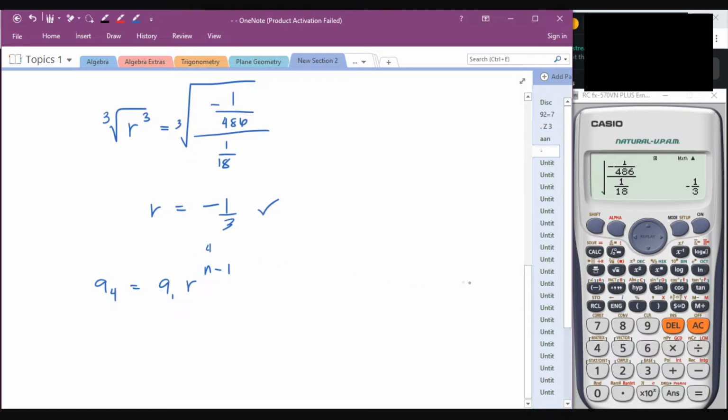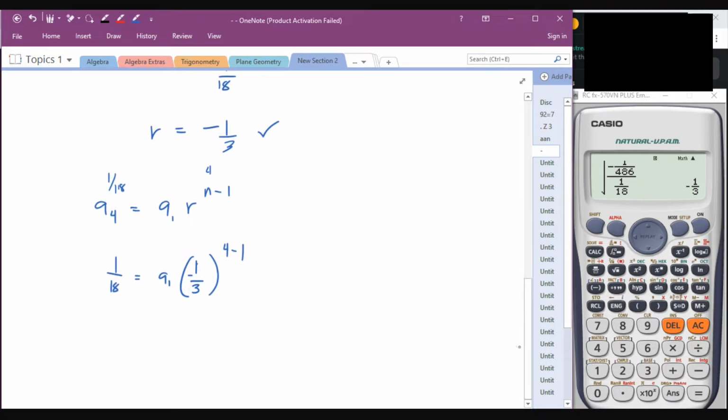The value you put here is 1 over 18. So, 1 over 18 equal to A1, R is negative 1 over 3 raised to 4 minus 1. So, 1 over 18 equal to A1 multiplied by negative 1 over 3 raised to the third power.